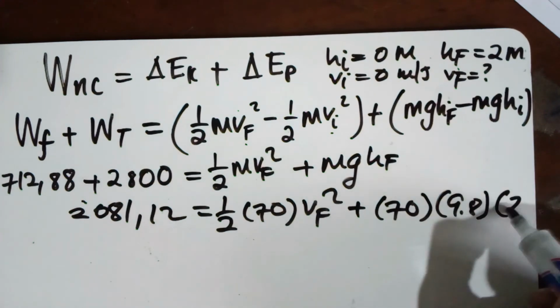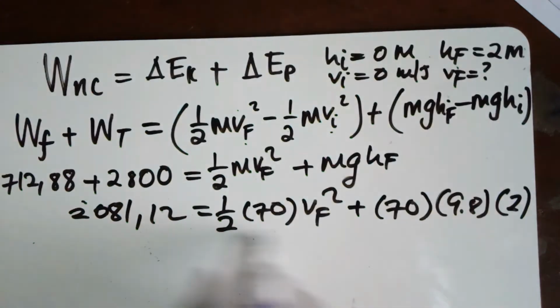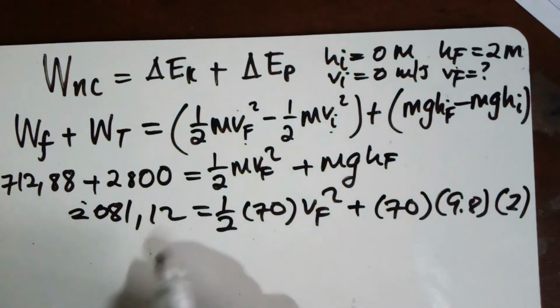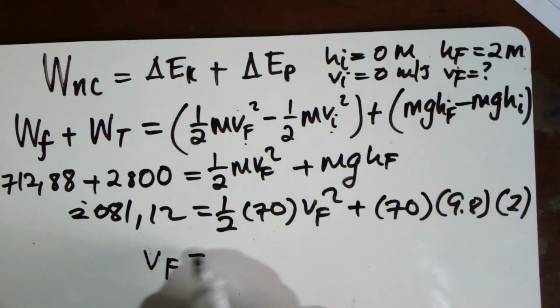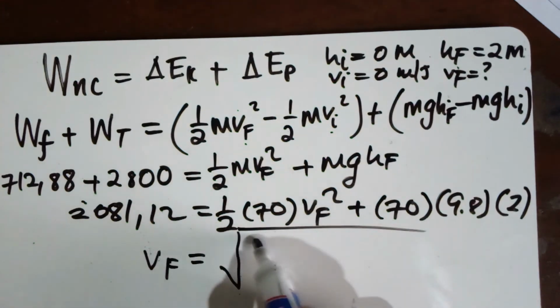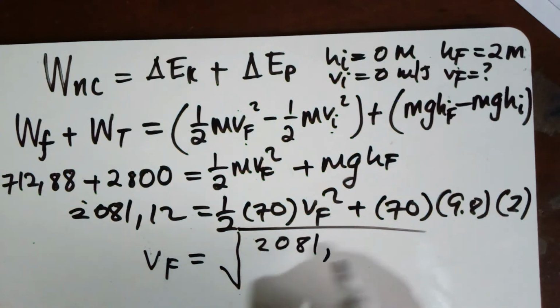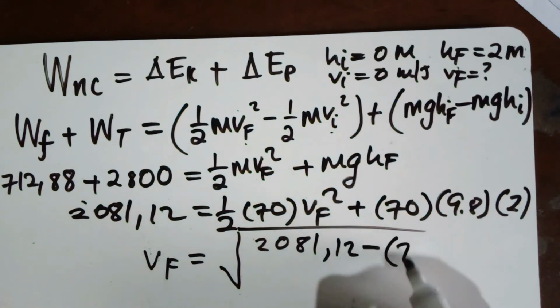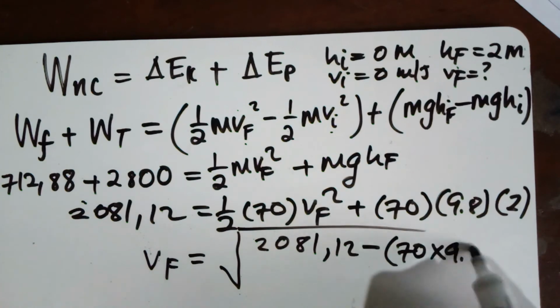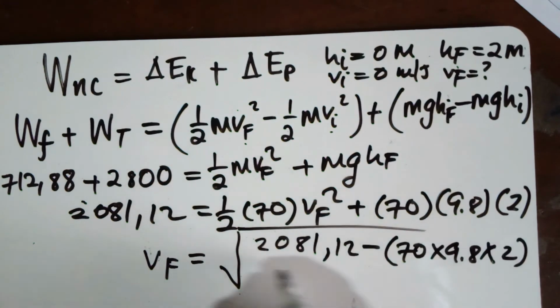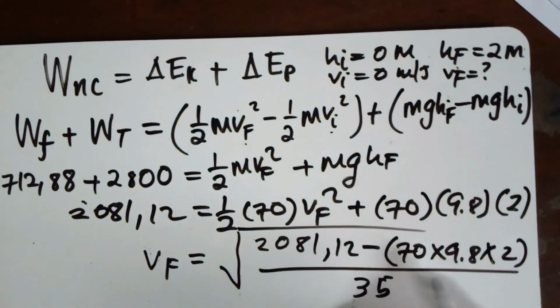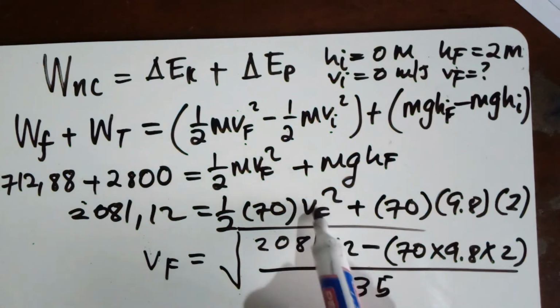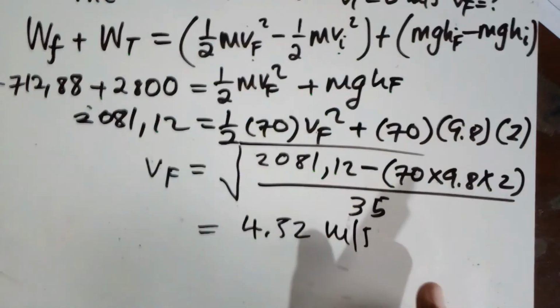And then essentially if you solve this, you'll find that the value of VF is just going to be 2081.12 minus 70 multiplied by 9.8 multiplied by 2, all divided by 35. Make sure you are able to make VF the subject of the formula, and you're going to come to a value of about 4.52 meters per second, which is the same value that we found previously.